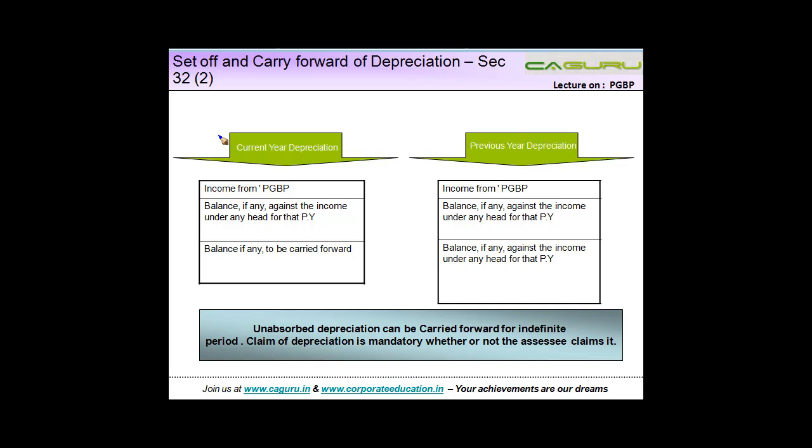Now, depreciation can be either current year depreciation or previous year depreciation. When I say previous year depreciation, I mean any depreciation which has been brought forward from the earlier years.